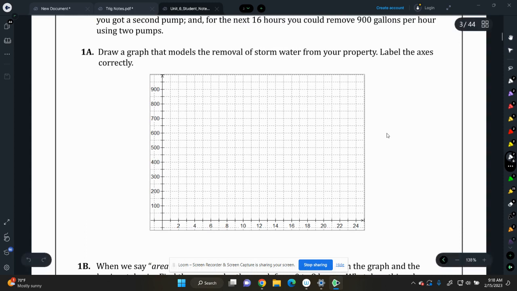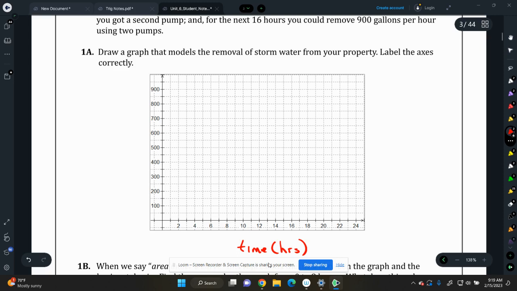Okay, so for the first 8 hours, we're removing water at a rate of, what was it again? 500 gallons per hour. So we're going to make this axis over here. This is our time. Time in hours.